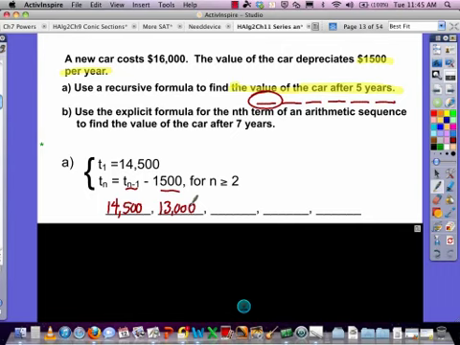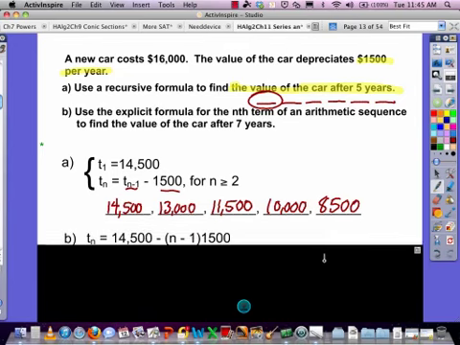You can take away the 1,000 first, then the 500, your choice. We're at 11,500. After we take that, we're at 10,000. After we take away that, 8,500. So you can see what you need to do.